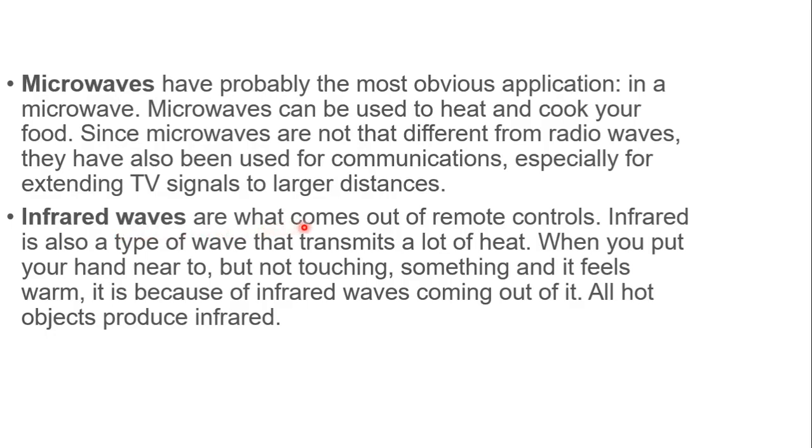Infrared waves are what comes out of remote controls. Infrared is also a type of wave that transmits a lot of heat. When you put your hand near but not touching something and it feels warm, it is because of infrared waves coming out of it. All hot objects produce infrared.